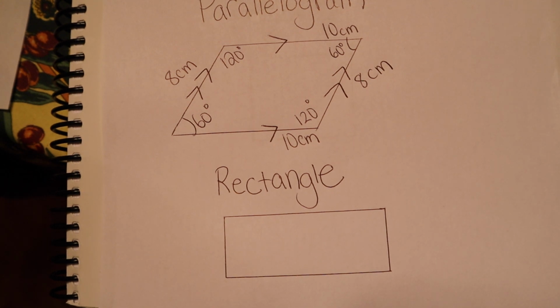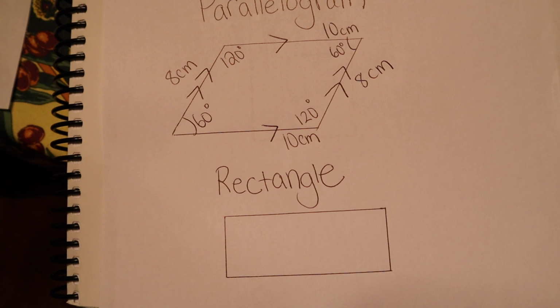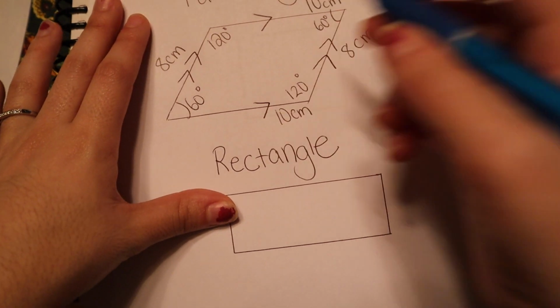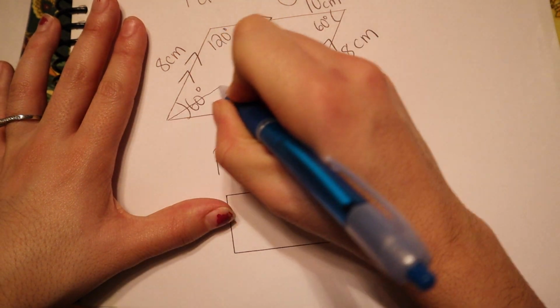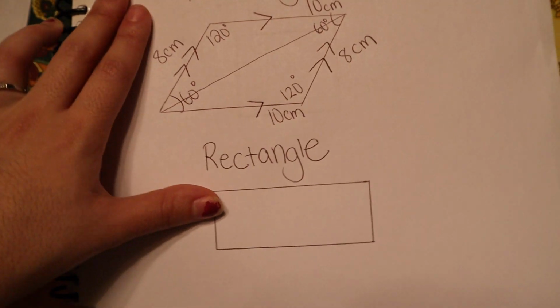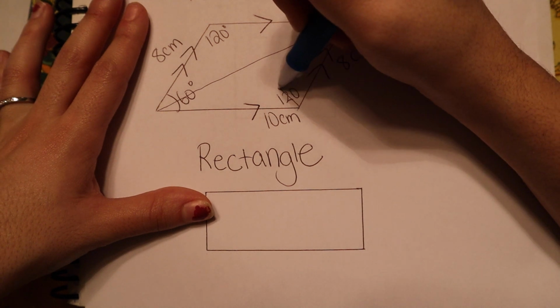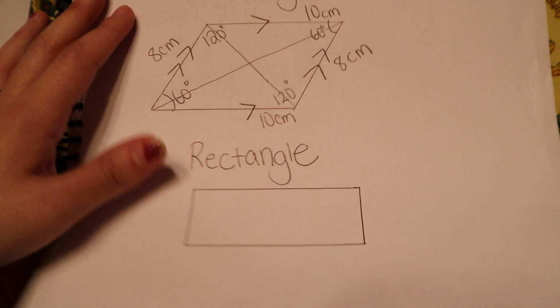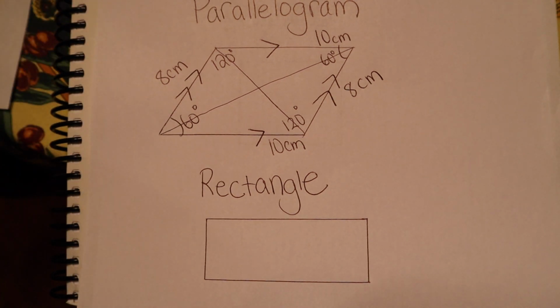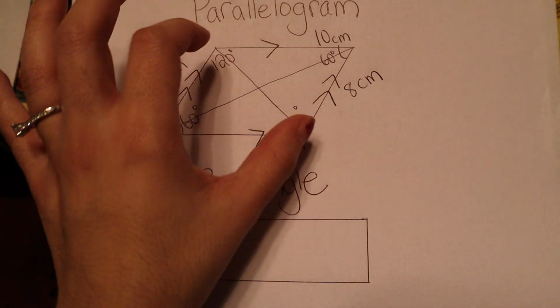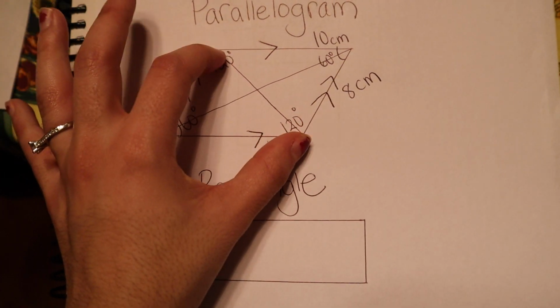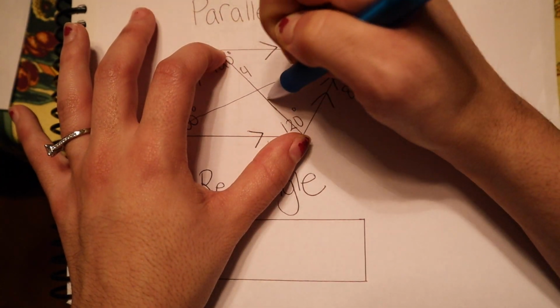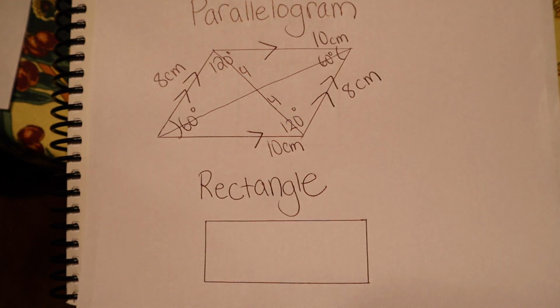Now the last property of a parallelogram is that the diagonals bisect each other. So if I draw a diagonal line such as this, and if I draw another diagonal line such as this, the diagonals bisect each other. Bi means two, sect means to cut in half. If this whole segment was 8, each part is cut in half to 4 and 4.